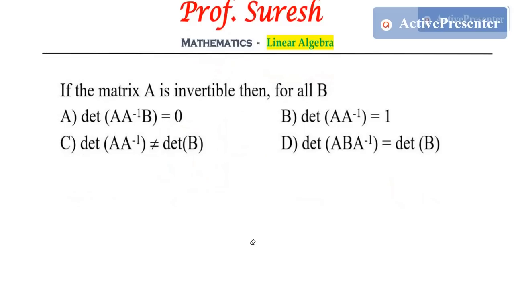This is the answer. The matrix A is invertible, then for all B. See this, for all B, not for a particular B. For all B, which of the options are correct?